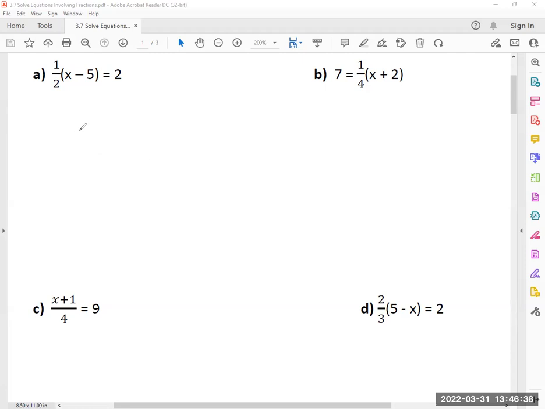I would rather you think about it as fractions. Take a look at this. Just as our minds-on, 1/2 multiplied by this, I could rewrite this as 1/2 multiplied by that, just like before. That bracket, you can think about it as over 1.